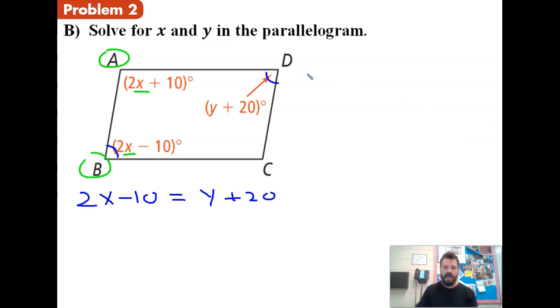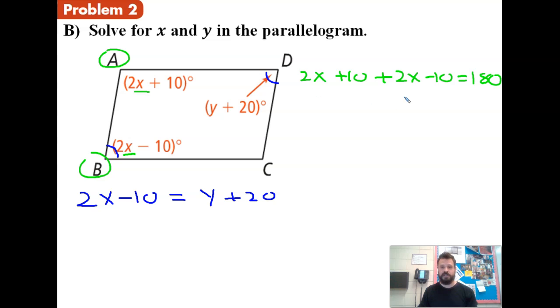So using A and B, I'm going to say that 2x plus 10 plus 2x minus 10 is equal to 180. And again, the reason I'm going to pick this equation to start with is it only has x's in it, so we can solve that for x and get x by itself. To do that, I'm going to combine like terms.